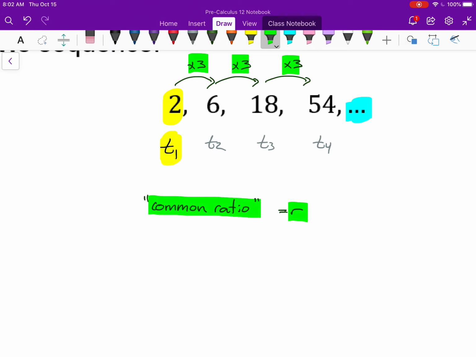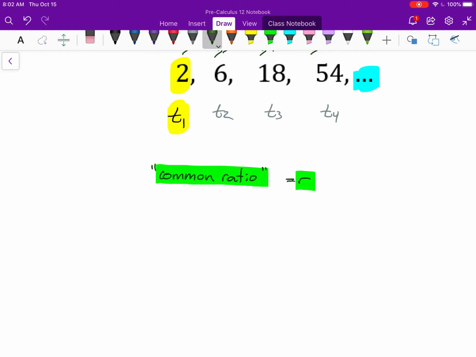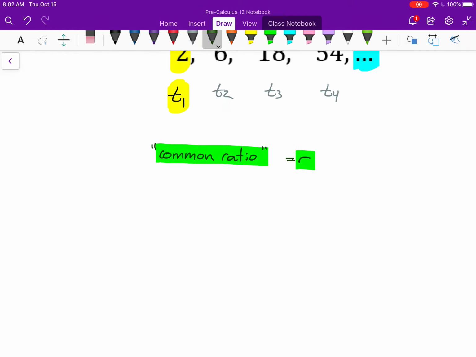If you're multiplying by a negative, your signs will switch. The signs of your terms will switch back and forth between positive and negative. But to be a geometric sequence, this must be a constant value. This r must always be the same.